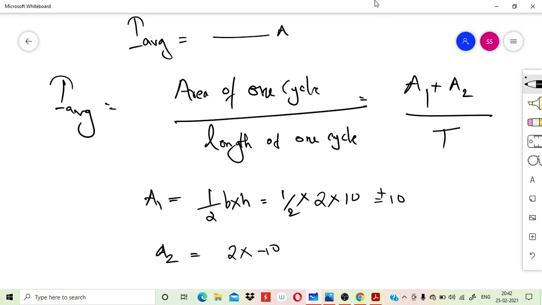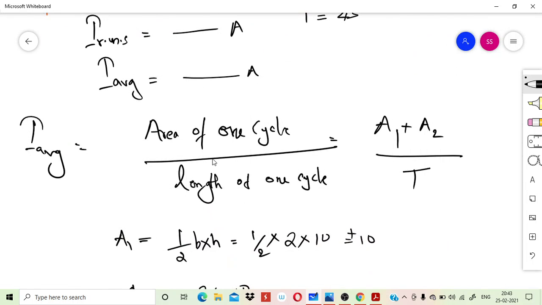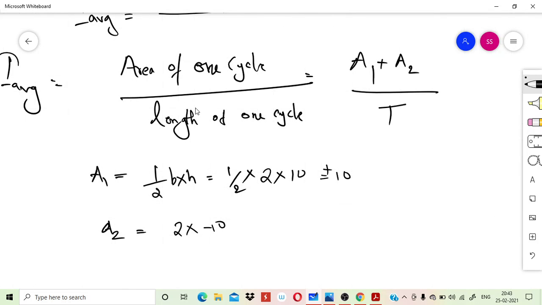This is your width and this is your length. So from 2 to 4, that is 4 minus 2, you will get 2, and the peak value is minus 10, so the width will be minus 10. So A2 will be equal to minus 20.